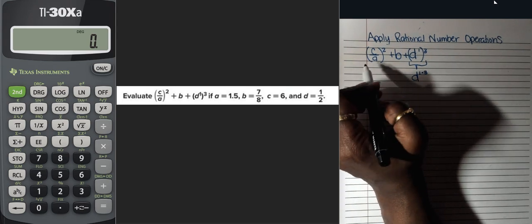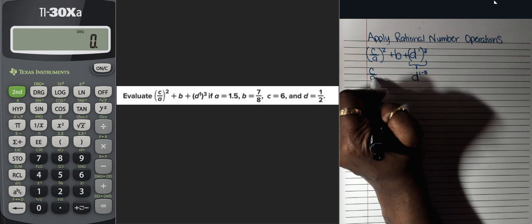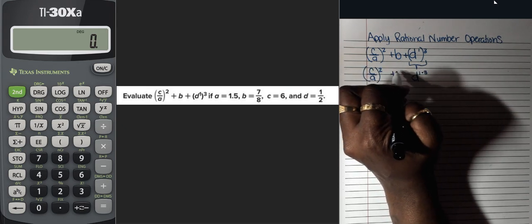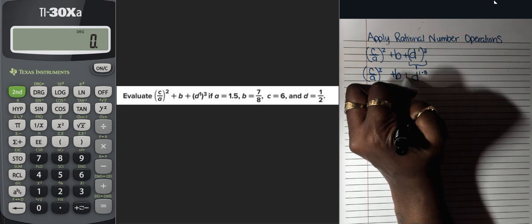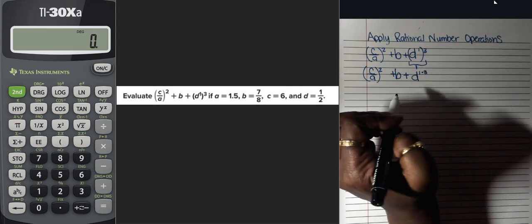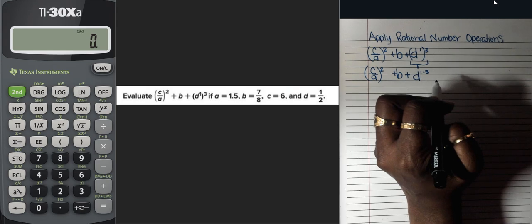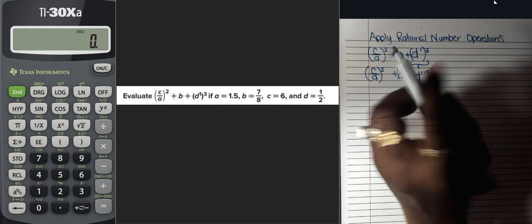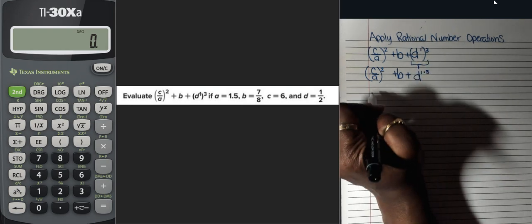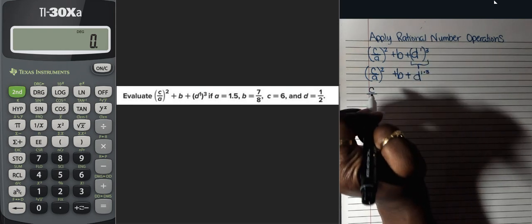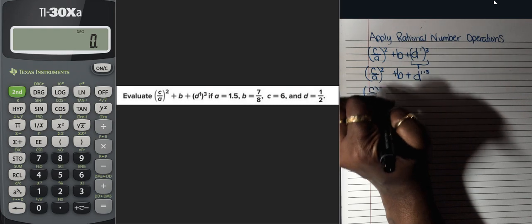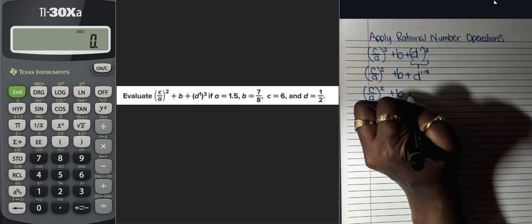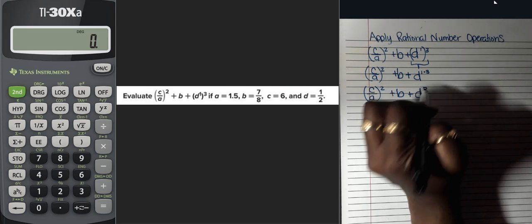So what we have is C over A squared plus B plus D to the first power times 3. All right, so what we end up with is C over A. I'm just going to rewrite it one more time. That's going to all be squared plus B plus D to the third power.